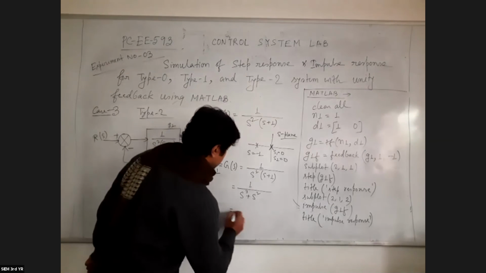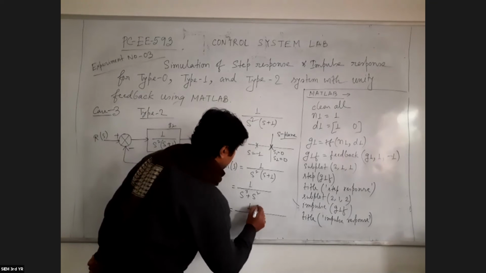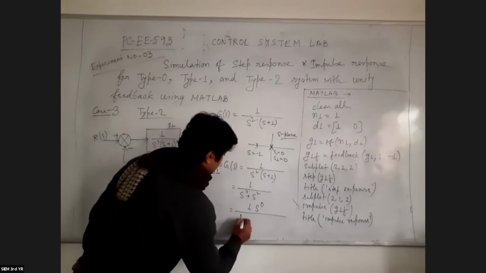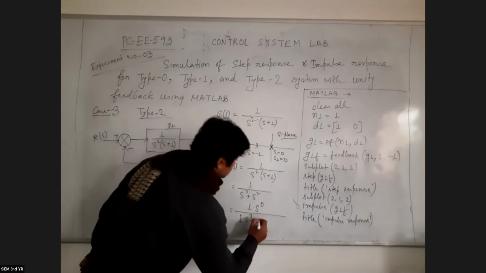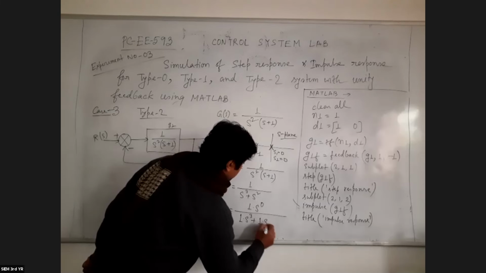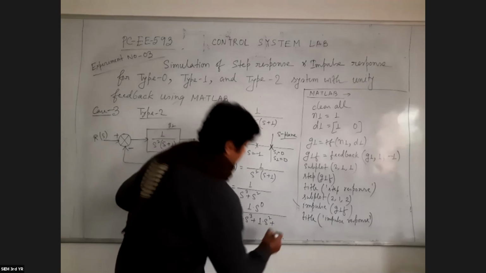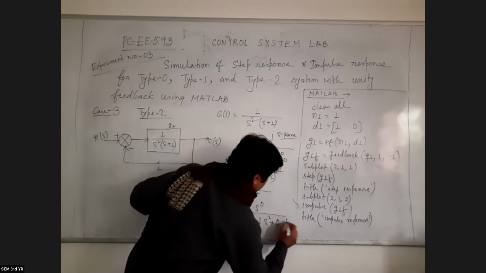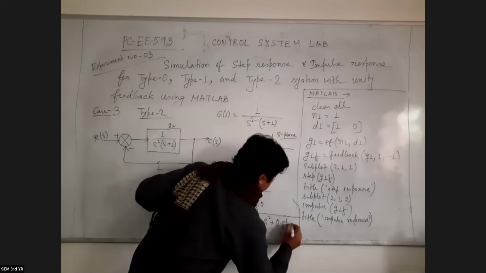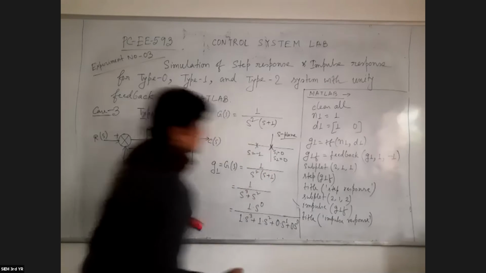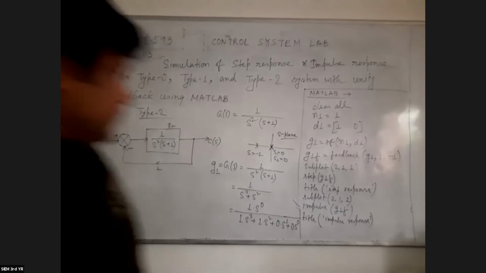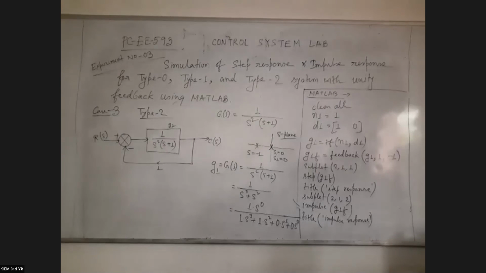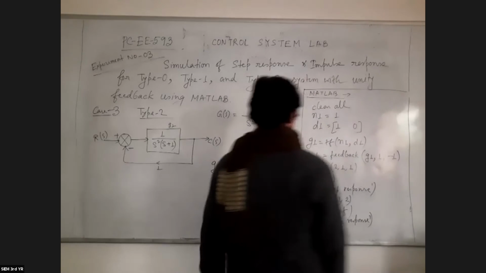So you can write this like this: 1 into s to the power 0 by 1 into s cubed plus 1 into s squared plus 0 into s to the power 1 plus 0 into s to the power 0. So you have to put the coefficients, right?